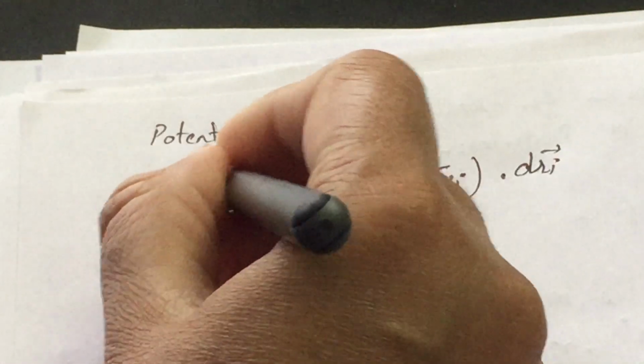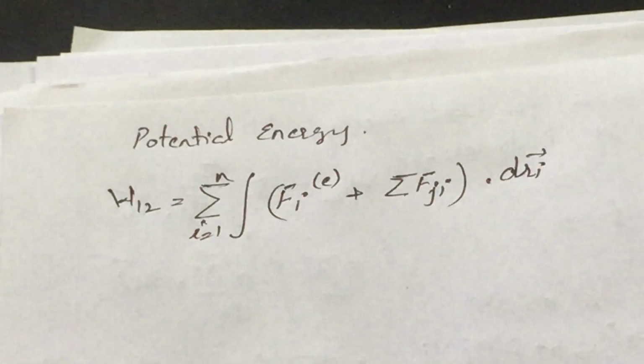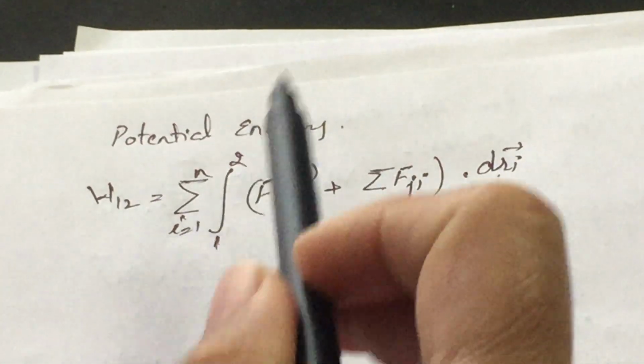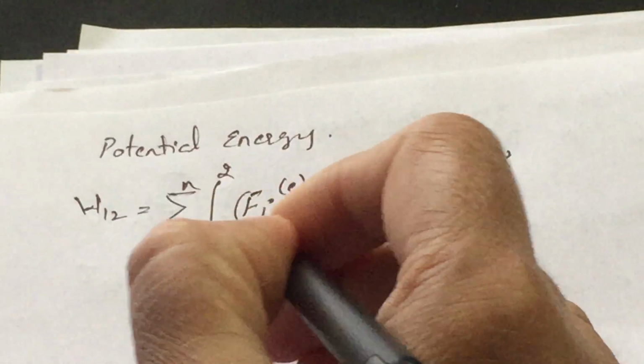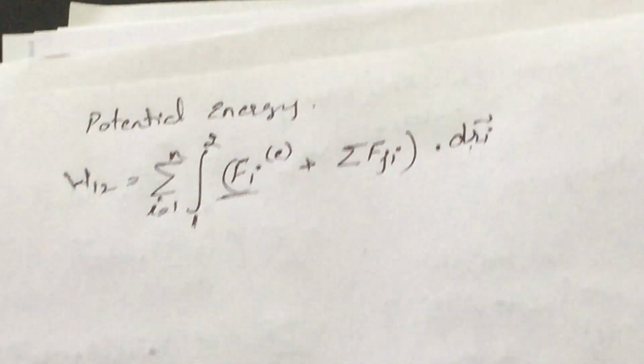If we take the summation for the ith particle, we get it for the whole system, and for the limits we move the particle from 1 to 2. This is the whole setup. First we will discuss this term. What is the contribution of this term?